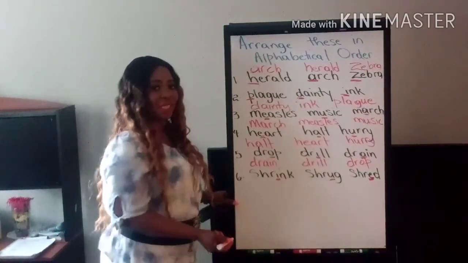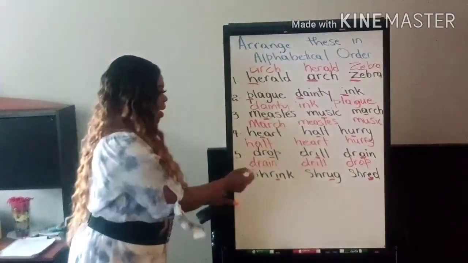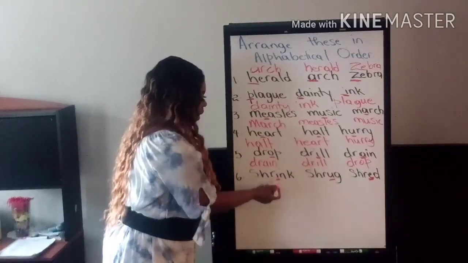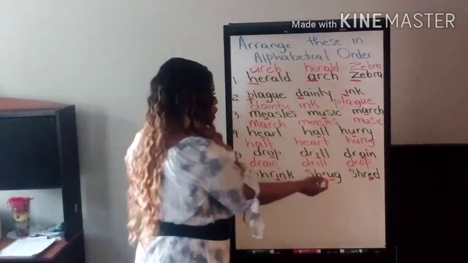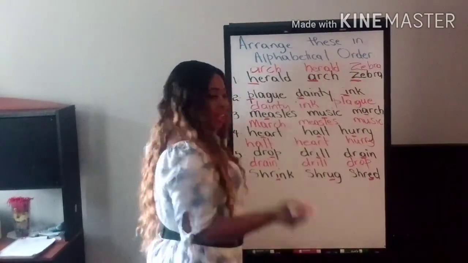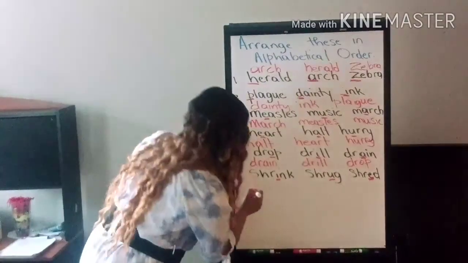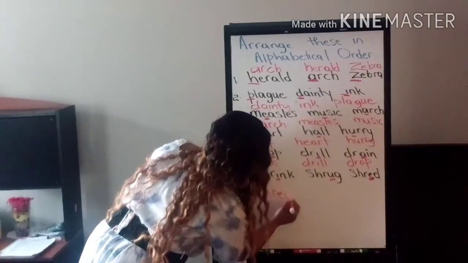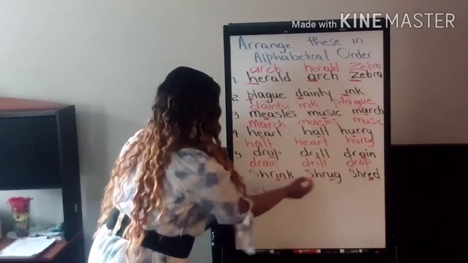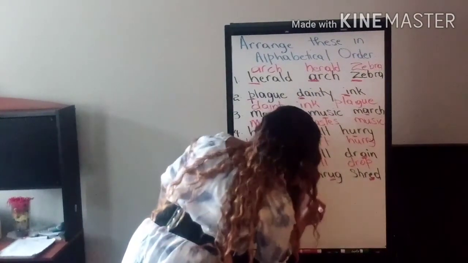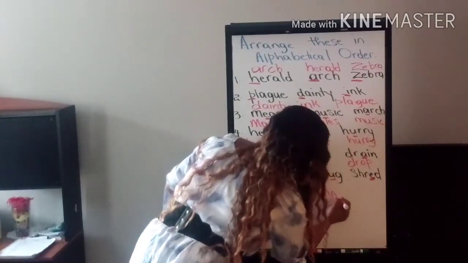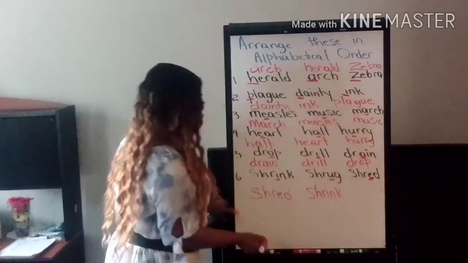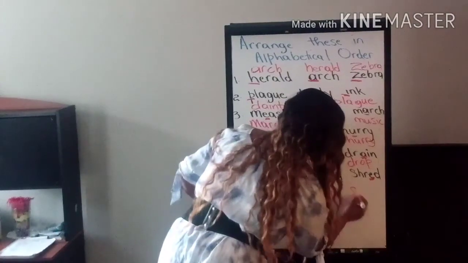So which one of these come first? Is it E as in shred, I as in shrink, or U as in shrug? If you said shred, my genius, you are correct. So shred it is. And then which of these would come next? Shrink, you are right. And of course, the last one would be shrug.